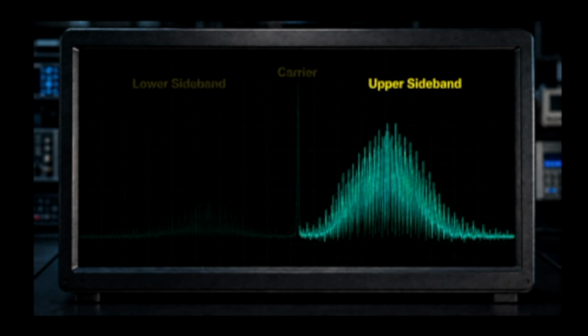What changed was the engineering. Your voice still creates the same bandwidth, but engineers discovered they didn't need to transmit all of it. Once receivers became capable of recreating the carrier internally, there was no longer any reason to transmit it. And once engineers realized that either sideband contained the entire conversation, there was no longer any reason to transmit both.